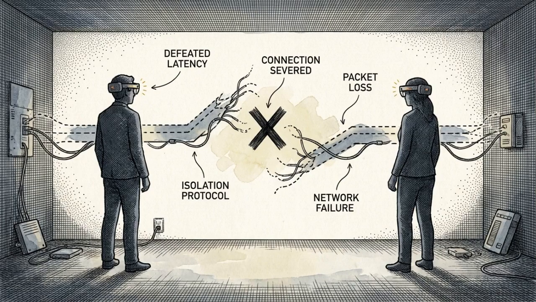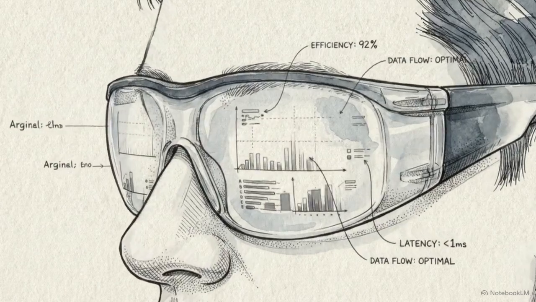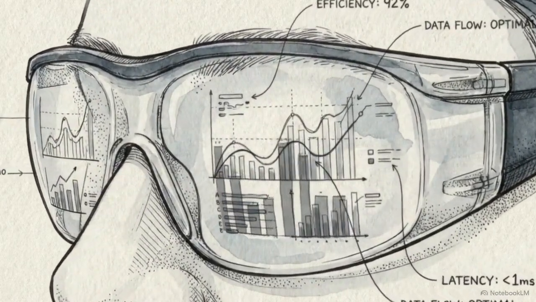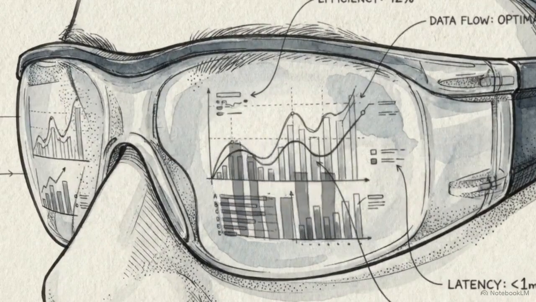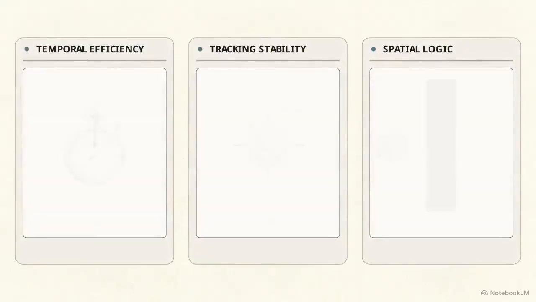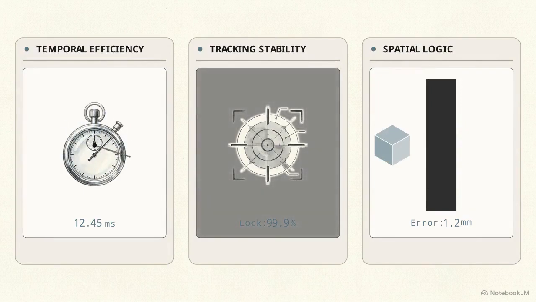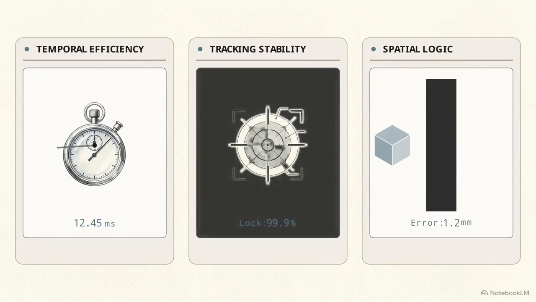With such tight computational margins, engineers evaluate an AR system based on strict, measurable performance metrics rather than aesthetic polish. System engineers evaluate success based on concrete data: task completion time, tracking stability when a room's lighting drops, and how accurately the system handles digital object occlusion behind physical barriers.